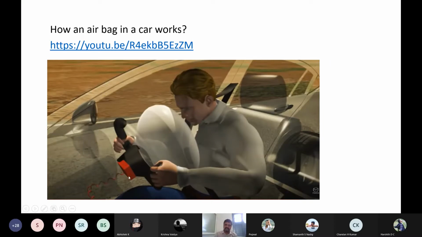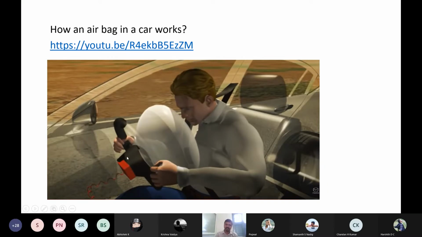The sensor will detect that deceleration. Then it will send a signal that results in a chemical reaction inside the bag. Because of the chemical reaction, the bag gets opened and it will protect the driver or people sitting inside the car. This is the working principle.